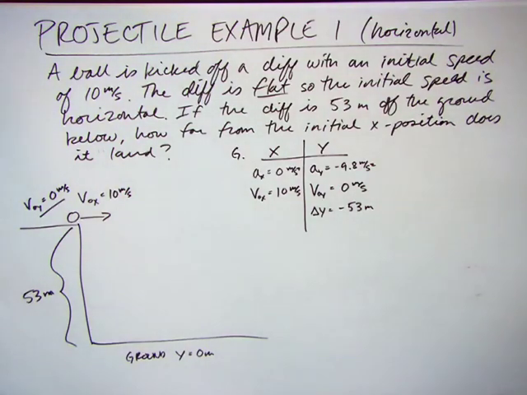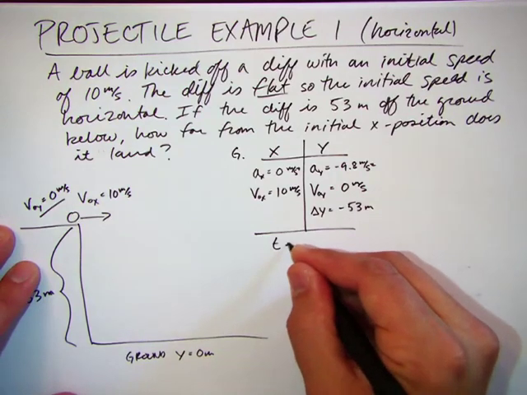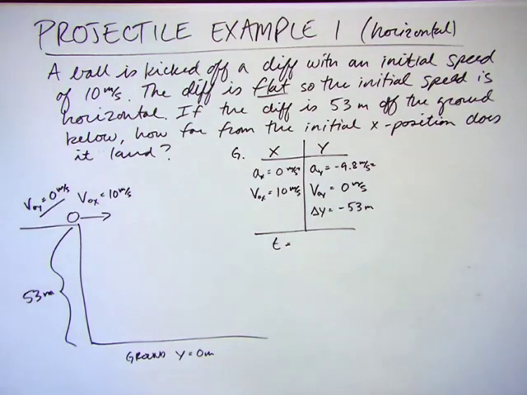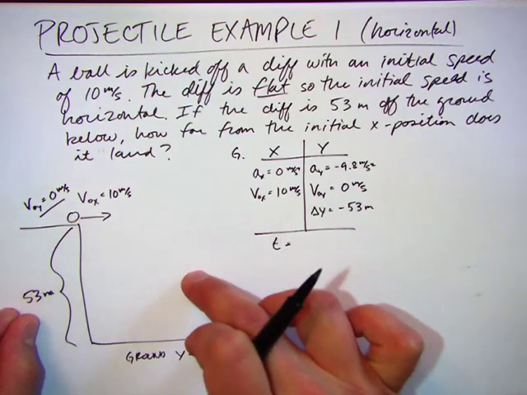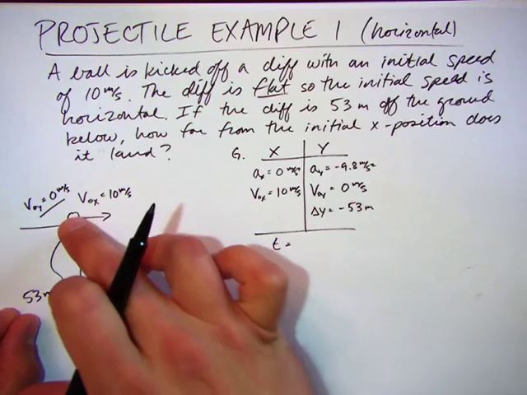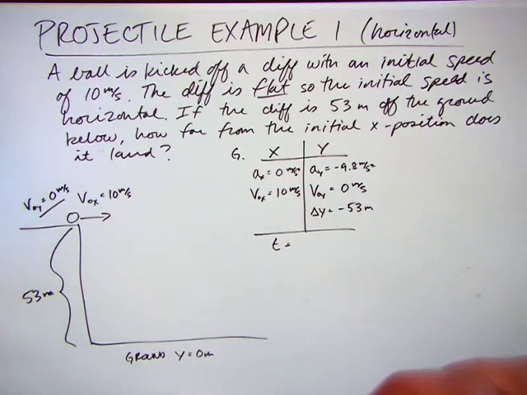Okay, what else do I know? I think that's it. What I do know though is that these two directions will be linked by time, because whether I look at the problem from the perspective of how it moves in the x direction until it hits the ground, or from how it moves in the y direction until it hits the ground, the time will be the same, right?